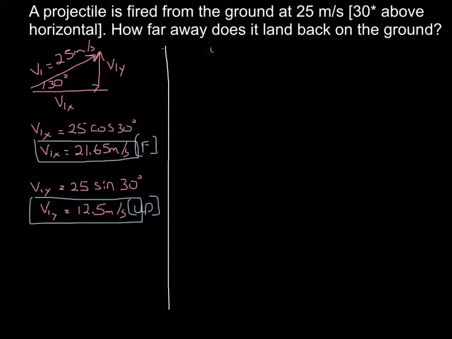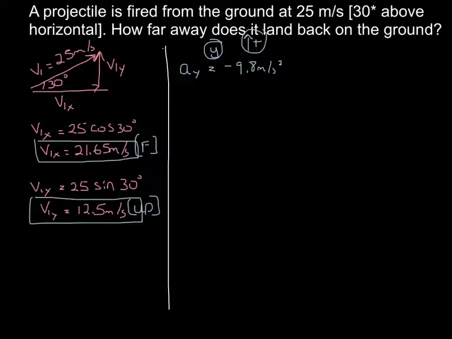If I look in the y direction, I'm just going to list off the things that I know. The first thing that we always know is acceleration in the y direction, I'll say negative 9.8 meters per second squared. And I'm going to say negative because really I'm saying up is my positive direction.